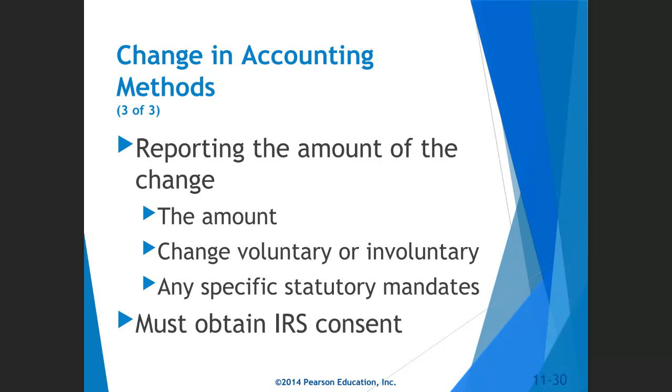This adjustment can, of course, be made in the year of the change. If the amount is small, recognizing the full amount of the net adjustment in the year of the change is both simple and equitable.